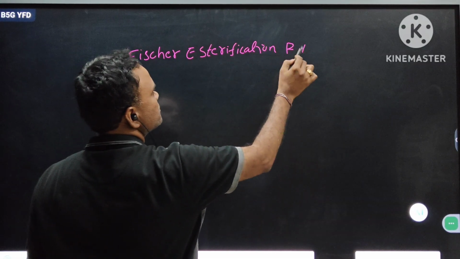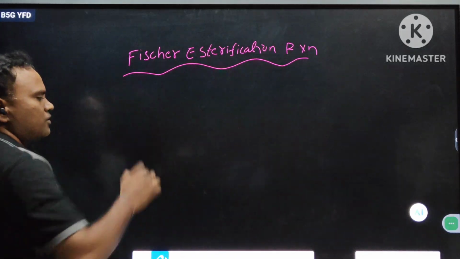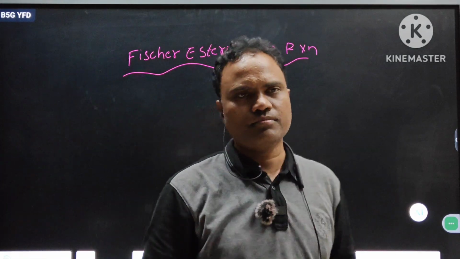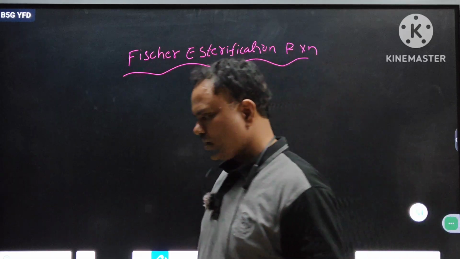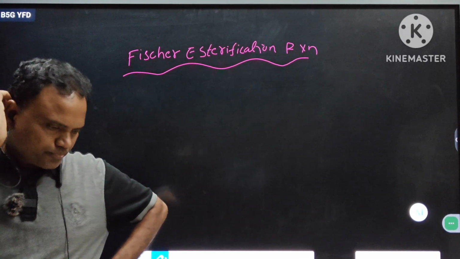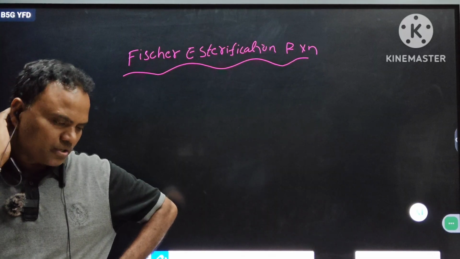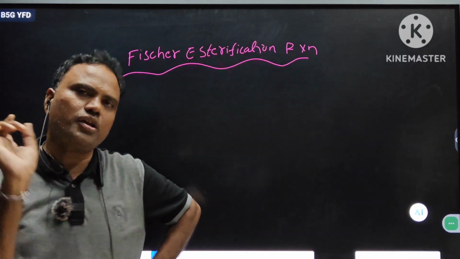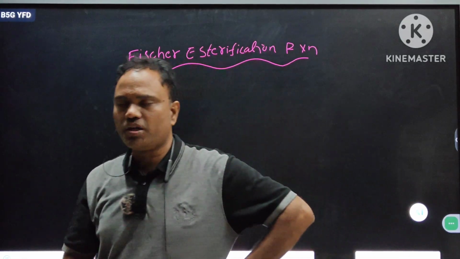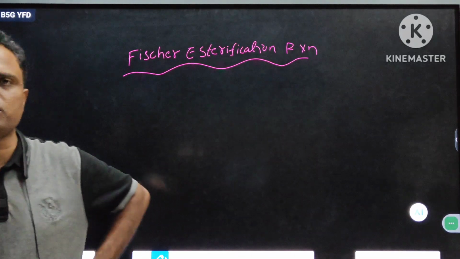The same reaction will come in the third chapter, carboxylic acids, because esterification is the chemical property of carboxylic acid as well as alcohol. Only one reaction is the chemical property of two functional groups. So the same reaction will come in carboxylic acids also.